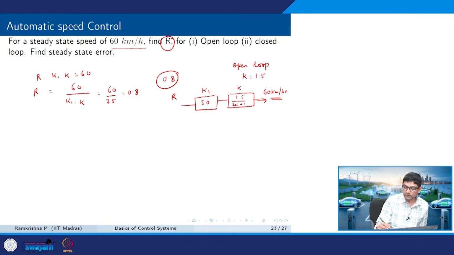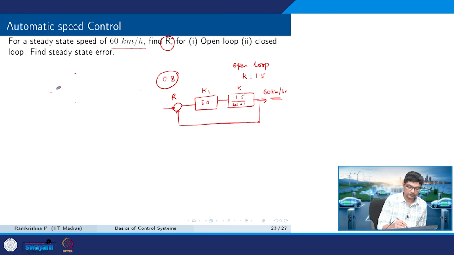Okay, what happens now in the closed loop case? I have a feedback loop here, a unity feedback. Okay, things will be slightly different now. So now I want 60, I am just looking at the steady state, right.